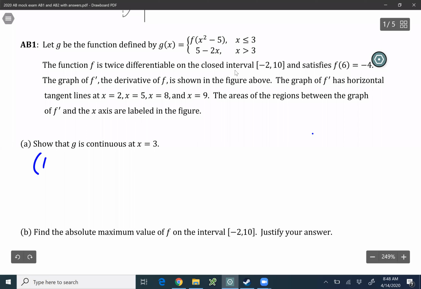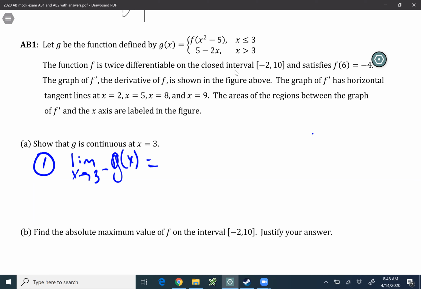It doesn't matter which one you do first, plugging into g first or doing the limits first, as long as you do both of them, because there are those 3 rules. So if we did what LV was suggesting, the limit as x approaches 3 from the left of g of x equals, now, because this is less than, the top is going to be our left side.